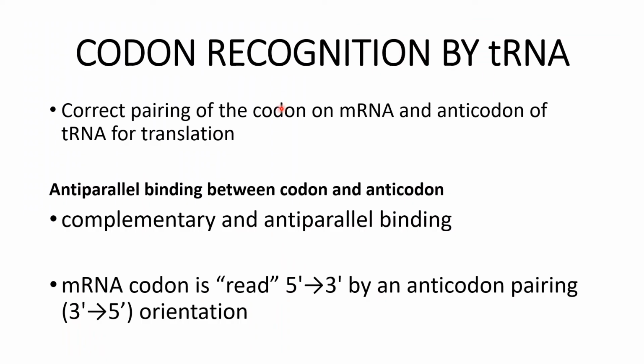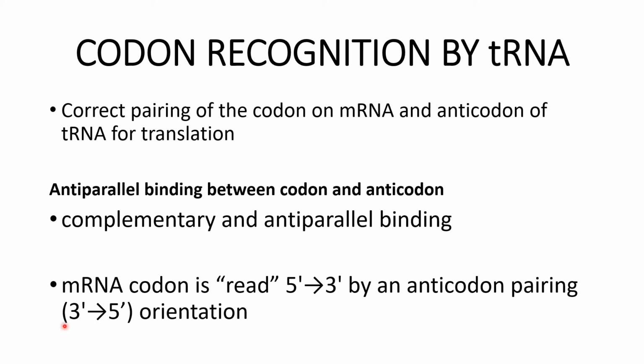The recognition of tRNA, how it recognizes the specific codon, is through the Wobble hypothesis. As I have told earlier, the sequence of a codon is always read in the 5' to 3' direction, while the anticodon is antiparallel as well as complementary.